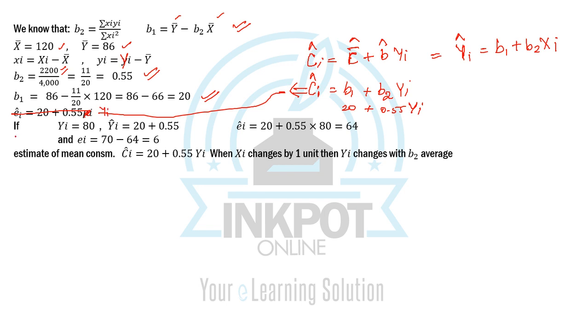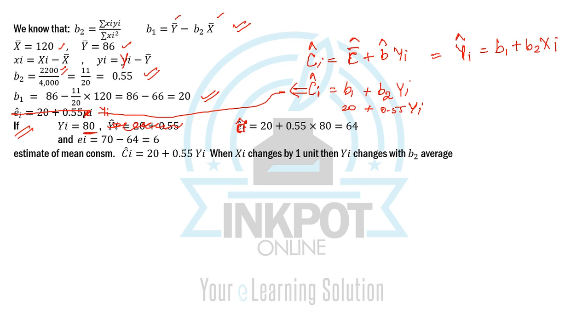If we have the value of yi equal to 80, then our predicted ci hat will become 20 plus 0.55 times 80. You can just ignore this thing. This is c actually, sorry for these mistakes.